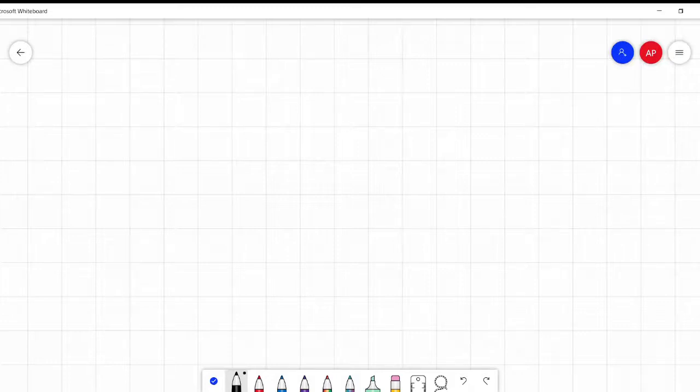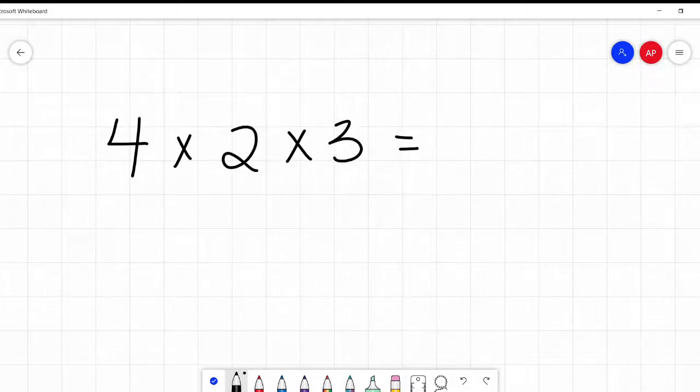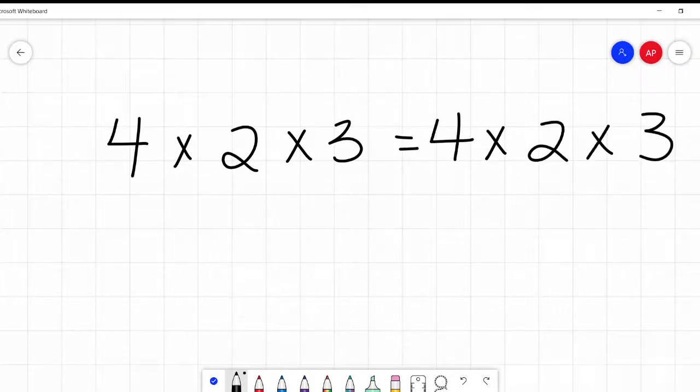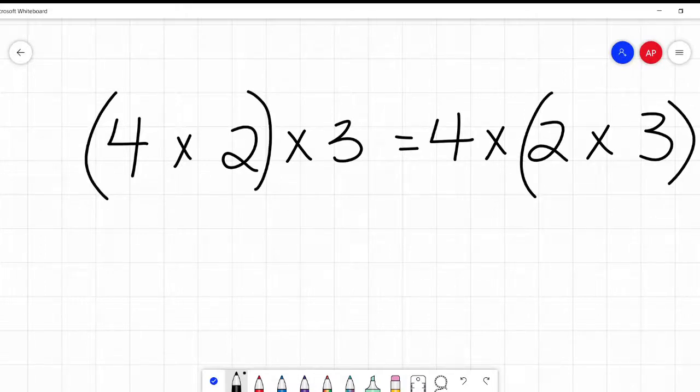Okay, so the associative property just says this. If I have this expression, 4 times 2 times 3, and if I put parentheses here and here, they are still the same. Now, if you remember about order of operations, if not, I have a video on that, links in the description below.